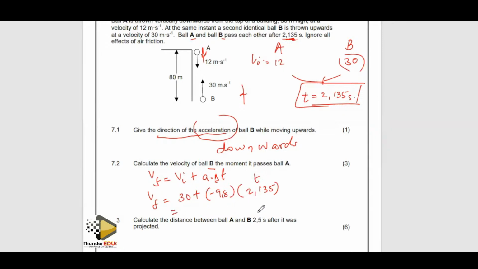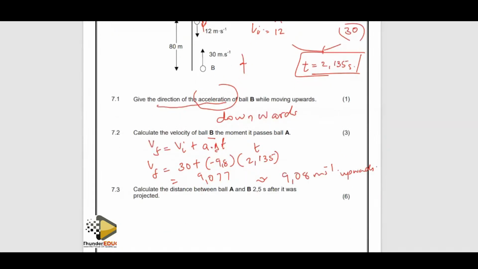Then I'll do my substitution into the calculator. 30 plus negative 9.8 times 2.135, which is 9.077, which can be rounded off to 9.08 meters per second. Which direction? It's moving upwards.